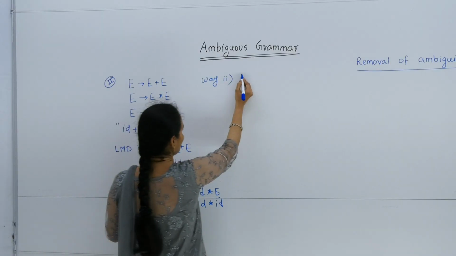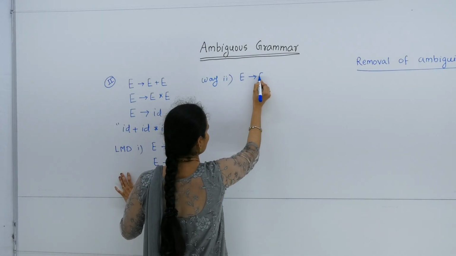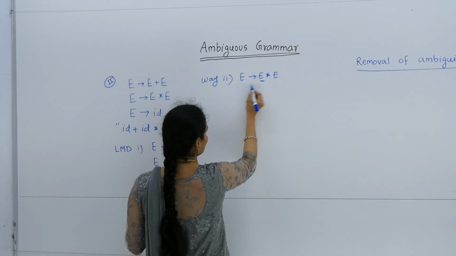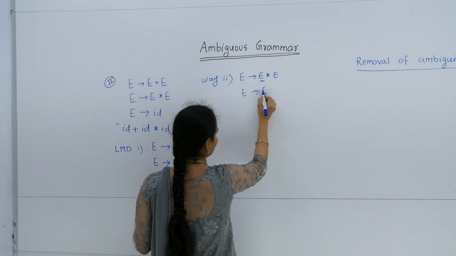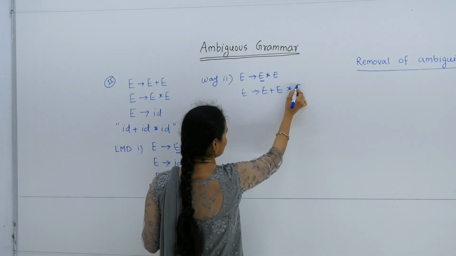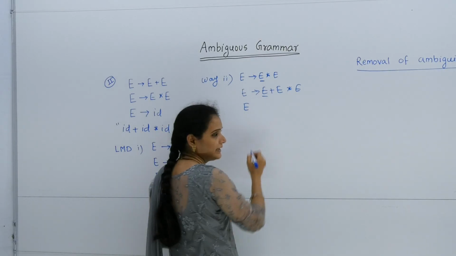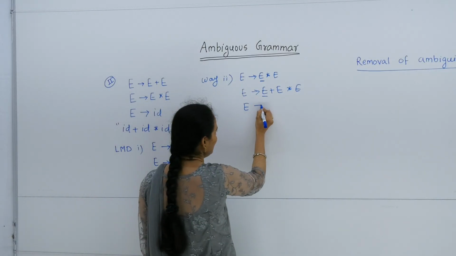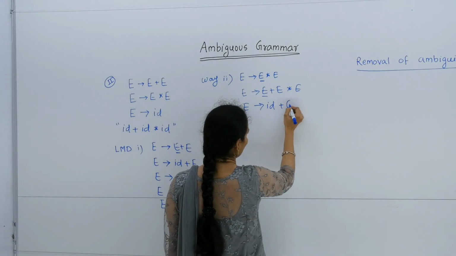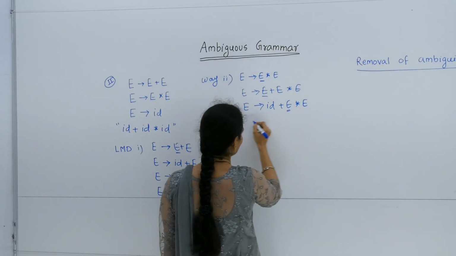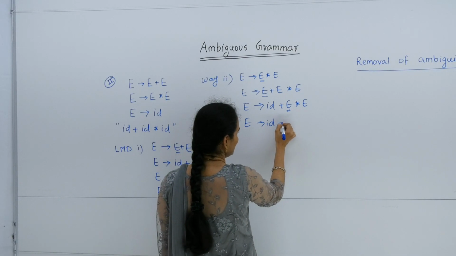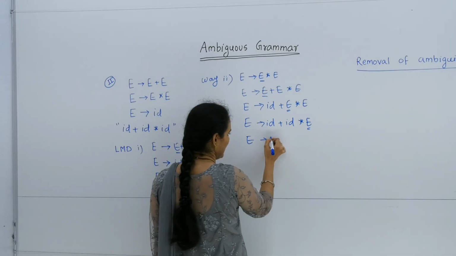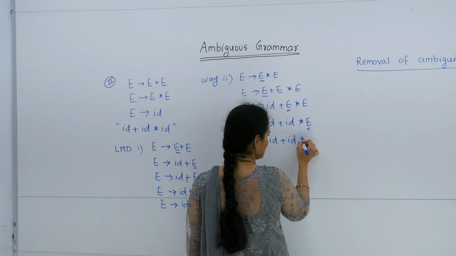If we start with E produces E star E, then first that E will be replaced by E plus E. Then one by one we are replacing only the leftmost non-terminal: ID plus E star E, then ID plus ID star E, and ID plus ID star ID.